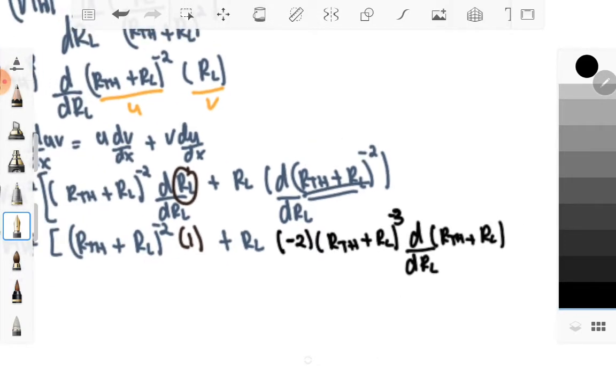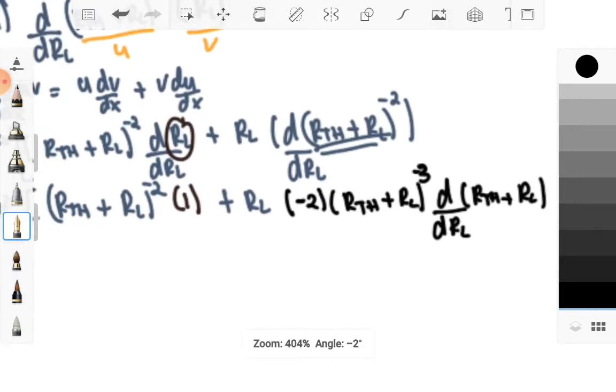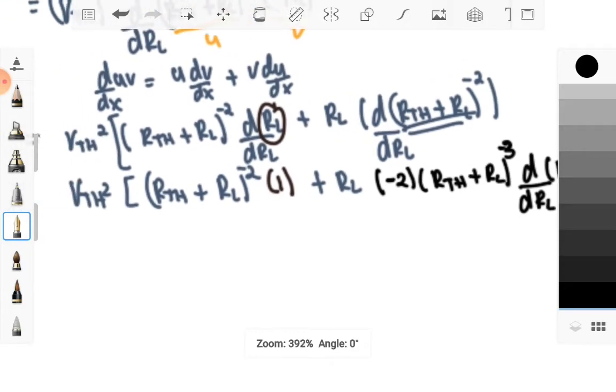So take note, the derivative of RTH is 0, okay, because your RTH will be considered as constant.